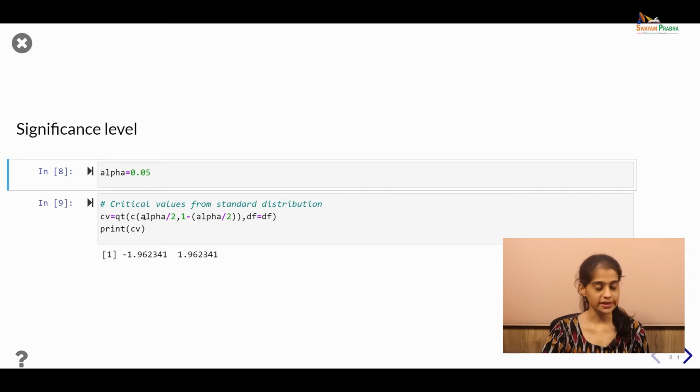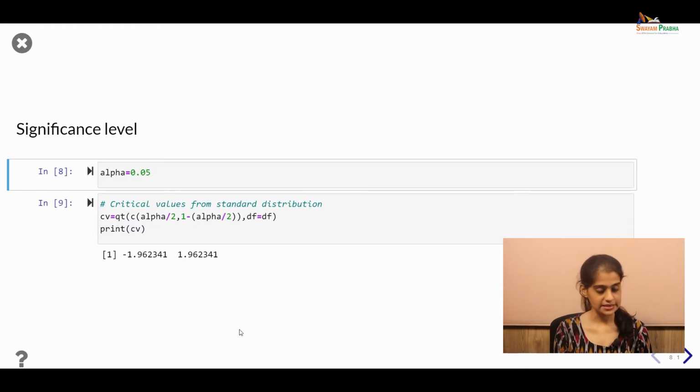Because it's a two-tailed distribution, I'll be using alpha by 2 and 1 minus alpha by 2, and the degrees of freedom is what we've calculated earlier. Once you run this function, the critical values are stored as cv, and I'm printing the critical values here. You will see that the critical values are minus 1.96 and plus 1.96. So this is the critical value.